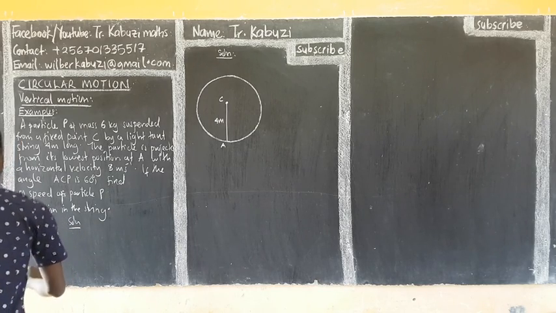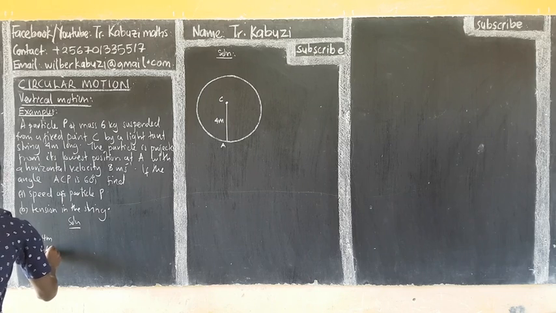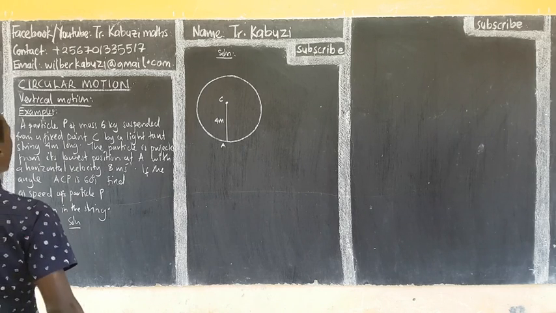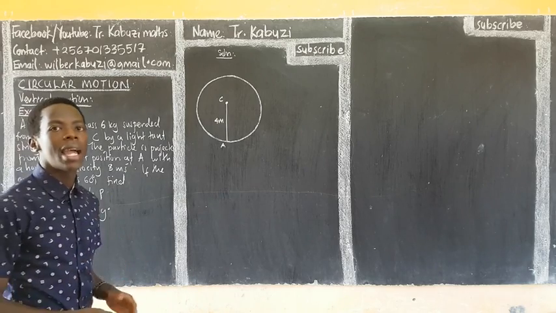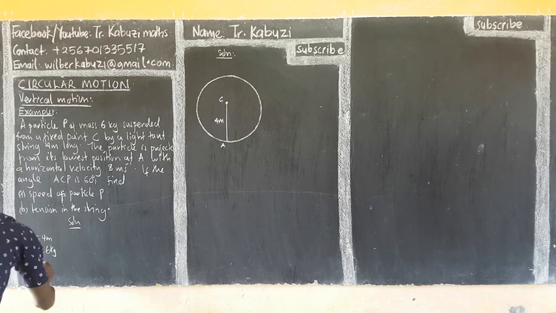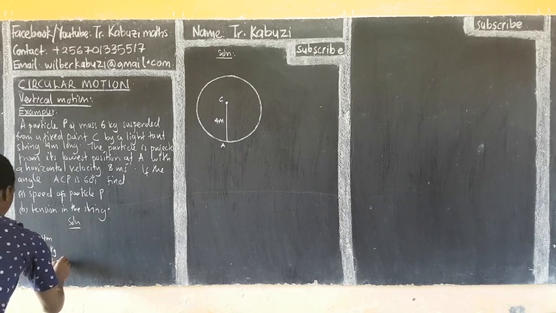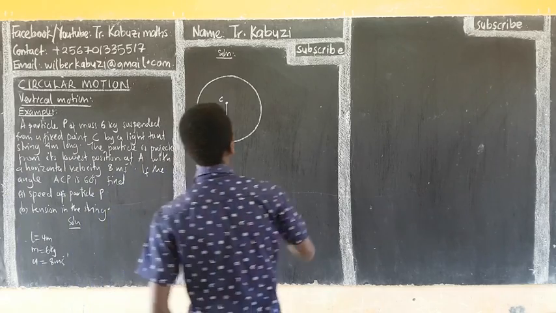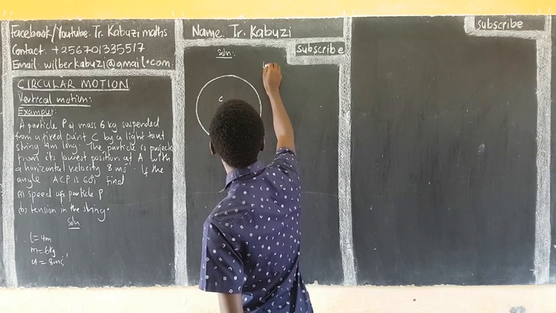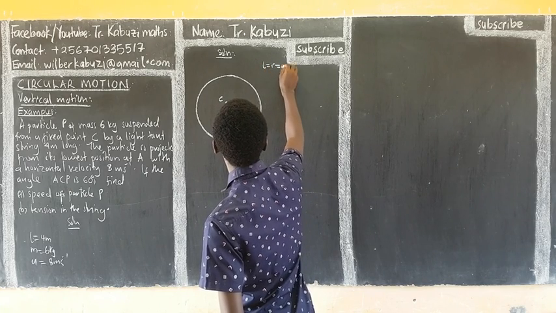They are also giving us the mass of the particle as 6 kilograms. They are also giving us, whenever they talk about the resultant velocity, they are talking about the initial velocity, which is U, as 8 meters per second. Basically, that's what we have. But we also know that our L is equal to the radius, equal to 4 m.